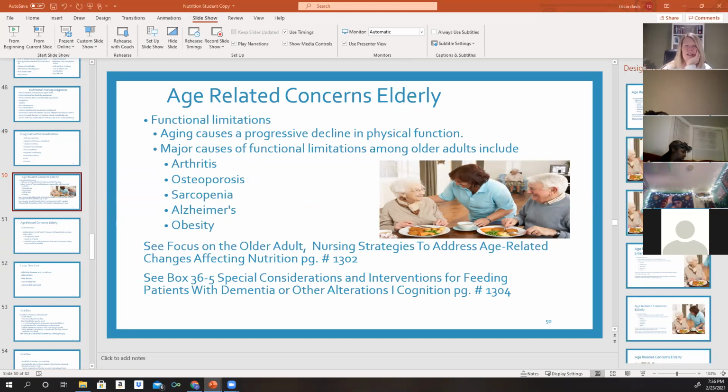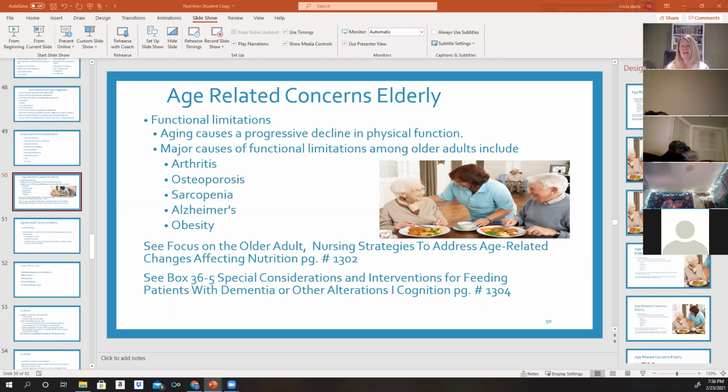So age-related concerns with the elderly. They have functional limitations. Aging itself will cause a progressive decline in their physical function. Major causes of functional limitations include the development of arthritis, an issue with your joints, makes it hard for them to walk depending on where the arthritis is.